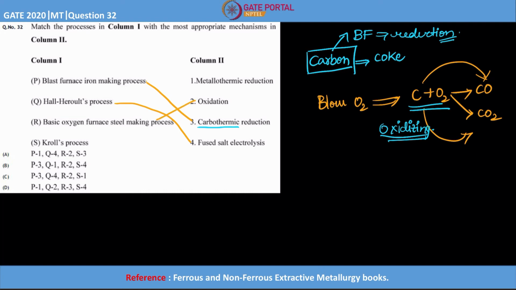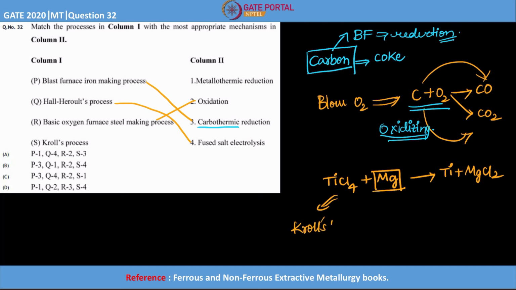And the last one that we have is the Kroll process. The Kroll process is a commercial technique used to extract titanium. Basically, TiCl4 is reacted with sodium or, in most cases, magnesium to form titanium and MgCl2. This is the basic equation of the Kroll process, or extraction of titanium.